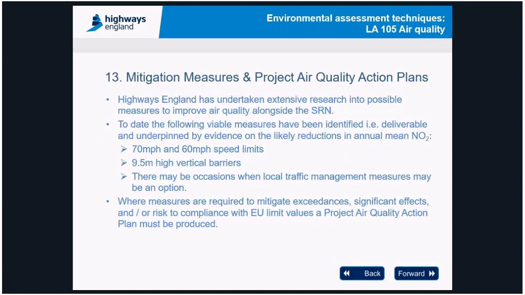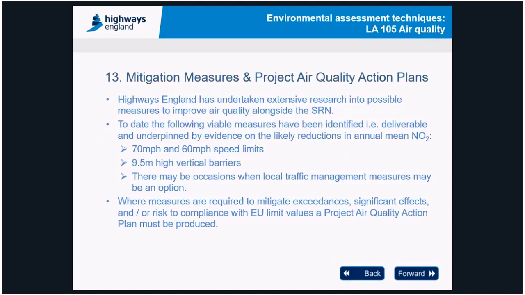We have more recently, with my colleagues here in Highways England, been looking at traffic management measures. There may be instances where local traffic management measures, such as junction realignment, signal timing or diversion routes, could also bring forward some air quality benefits.